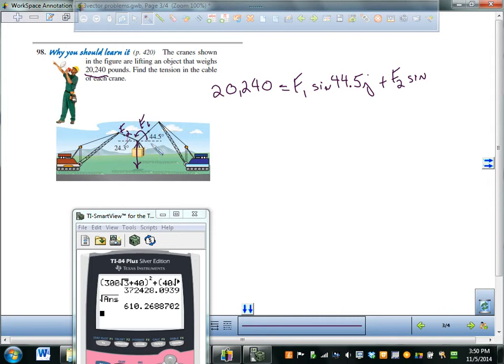It is not 23.5, it's 24.3, it's 180 minus 24.3. So force 2 times the sine of 180 minus 24.3 is 155.7, I believe.